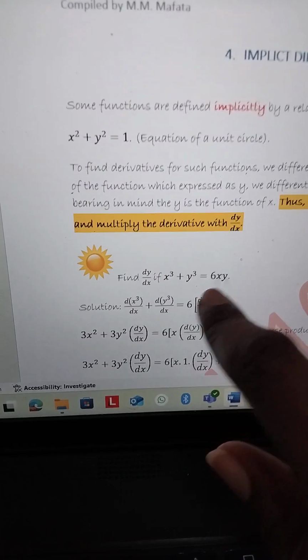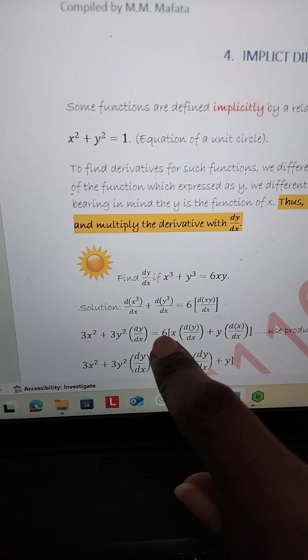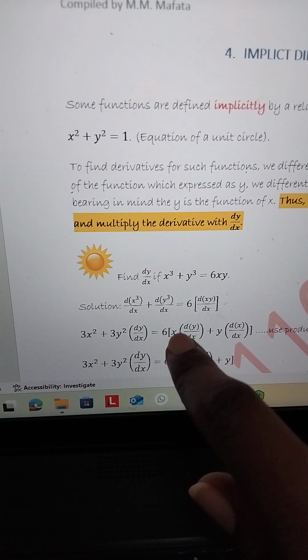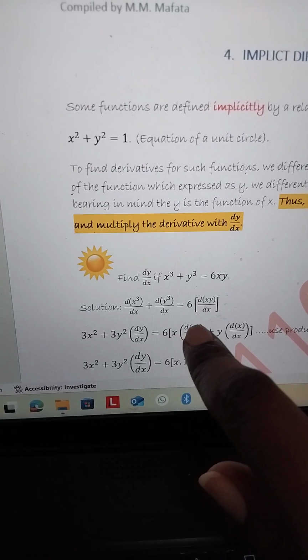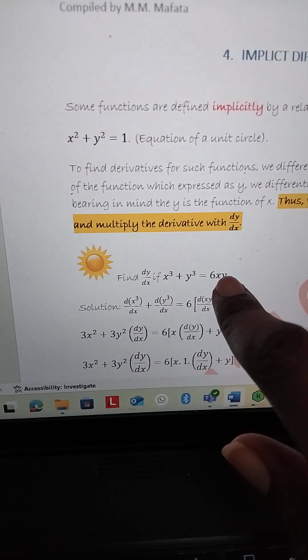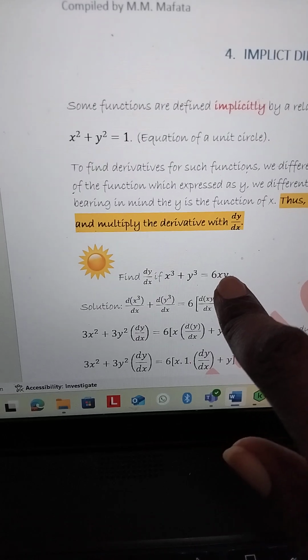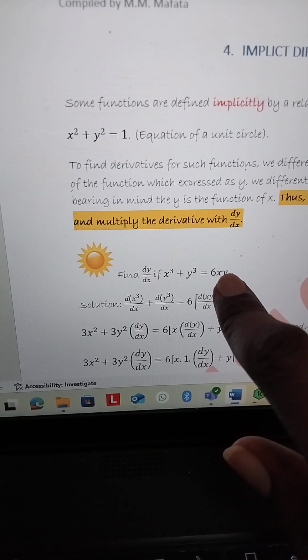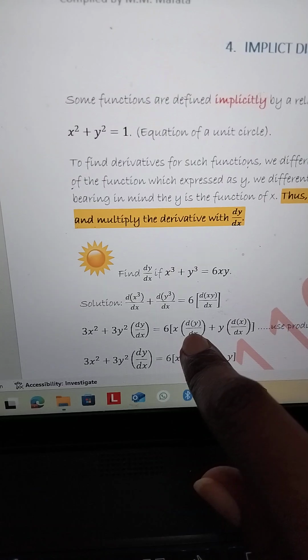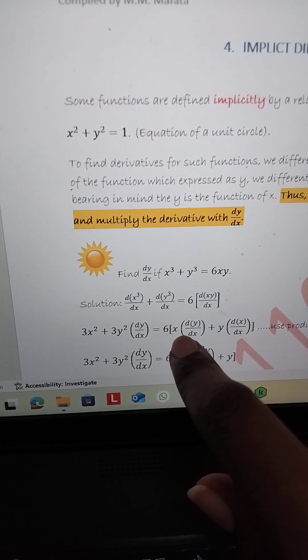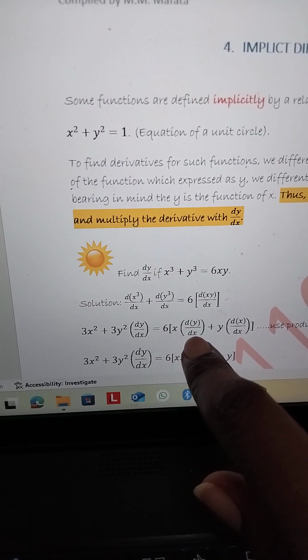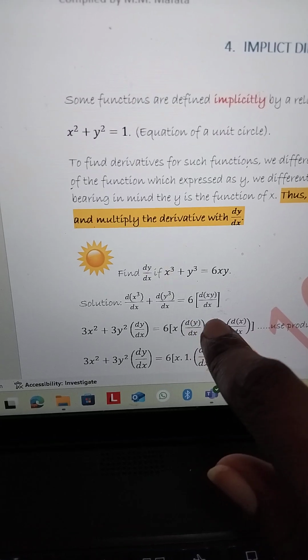Right, so using product rule, we take the 6 outside, we have x and then multiply by the derivative of y, which is 1, and then because it is y, we multiply by dy/dx. So it is x times 1 times dy/dx. Right. Then we add.